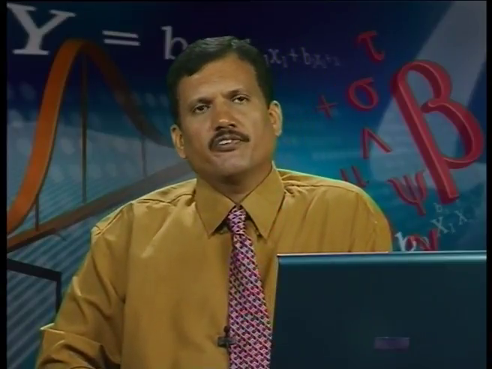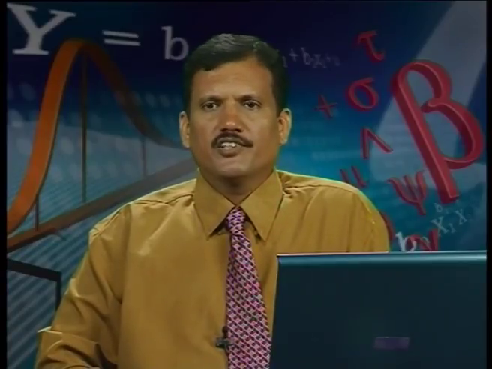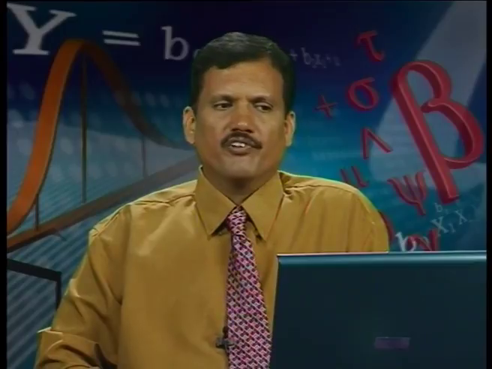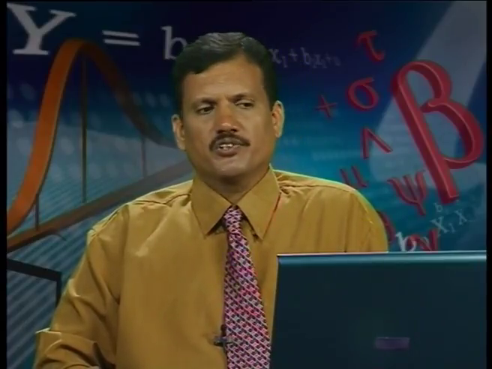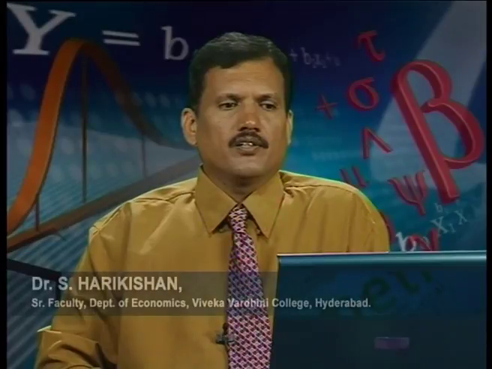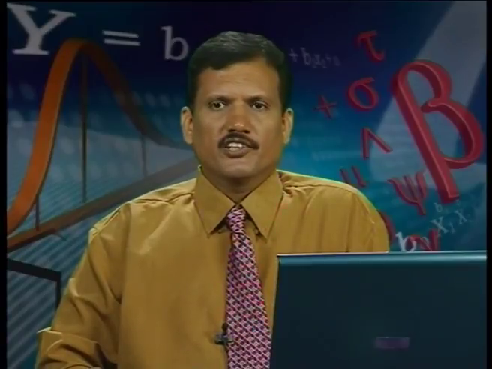Then, after finding the values of B0 and B1, where B0 is nothing but the constant and B1 is the coefficient, we can also forecast the future values. For example, with the help of econometric techniques, we can forecast the future values of motorcycle demand.